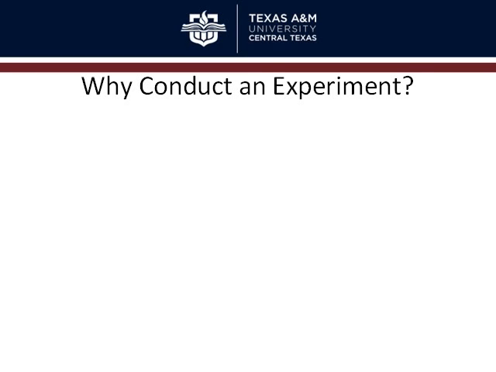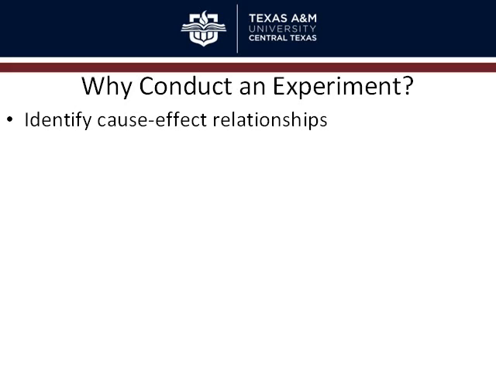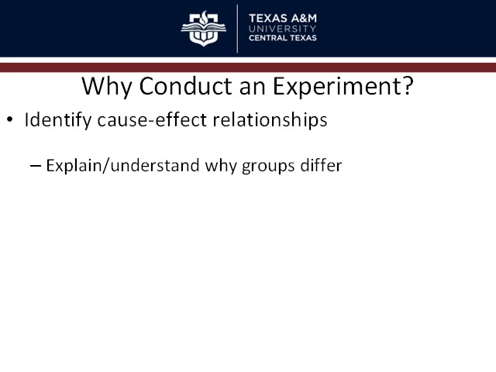Starting off, why conduct an experiment in the first place, as opposed to conducting some sort of descriptive or correlational study? Typically it's because your goal is to identify cause and effect relationships. Why are cause and effect relationships so important, so interesting? Well, one thing, identifying cause and effect relationships allows us sometimes to explain why groups differ, or to understand why they differ.